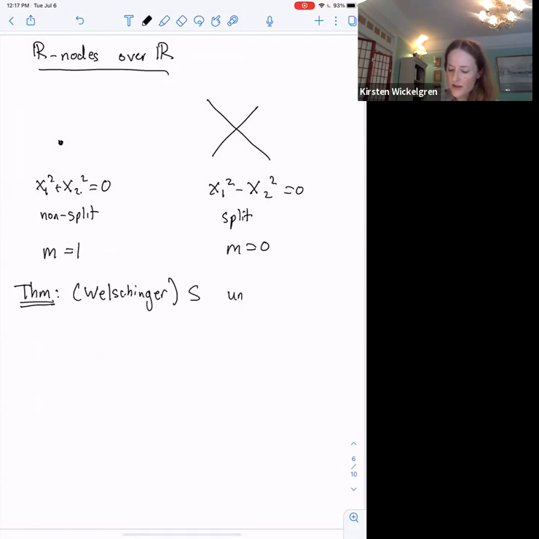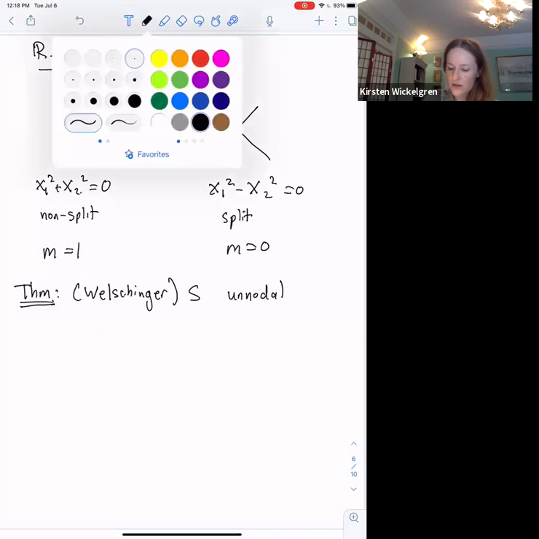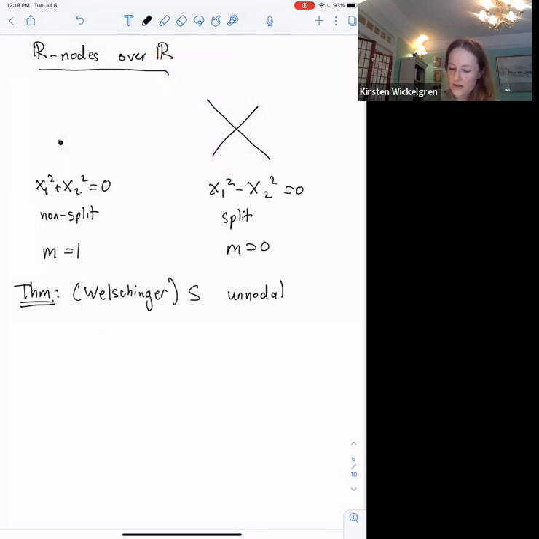So unnodal means no negative 2 curves, and we'll transfer from the symplectic setting following Itenberg, Kharlamov, and Shustin.